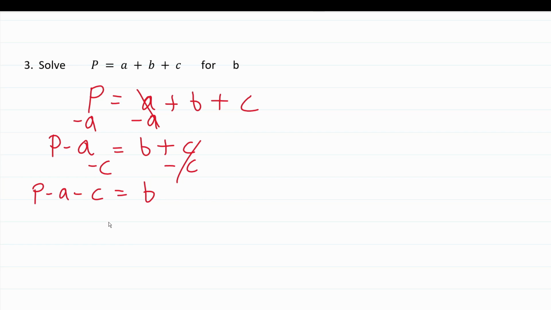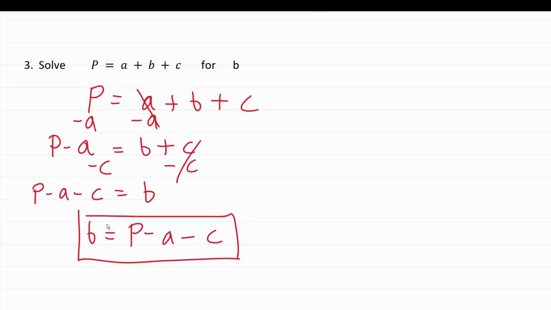And again, in math, it's customary to write the variable for which you solved on the left. So this is b equals P minus a minus c, and we are done. That is to say, we've solved for b such that it looked like b equal to something. All right, so that's that one. Again, another simple problem there.